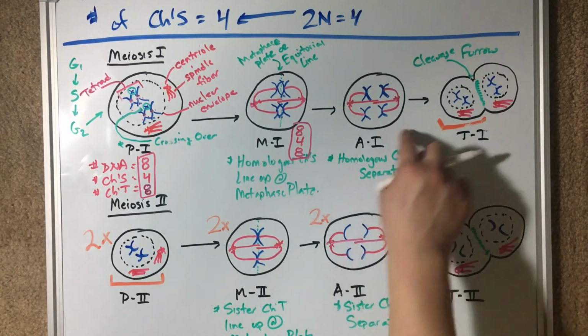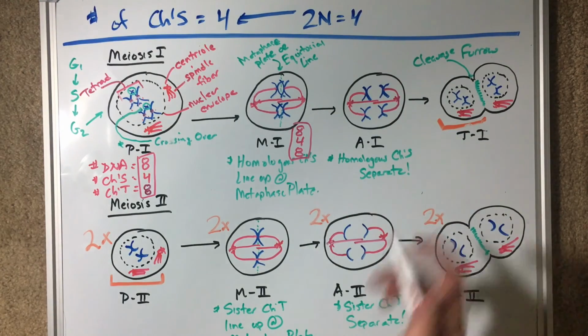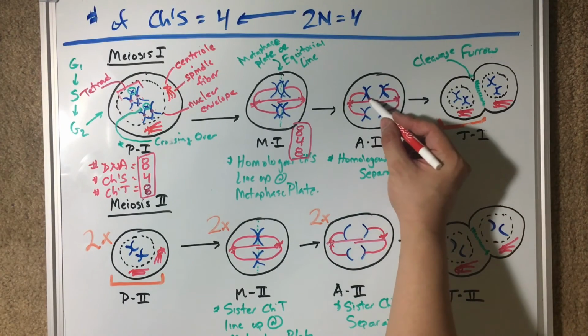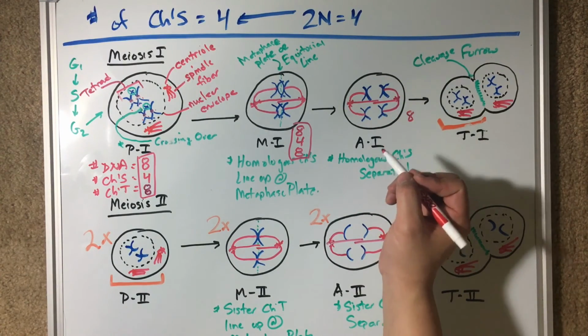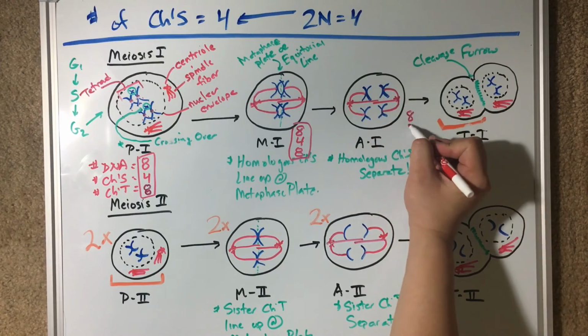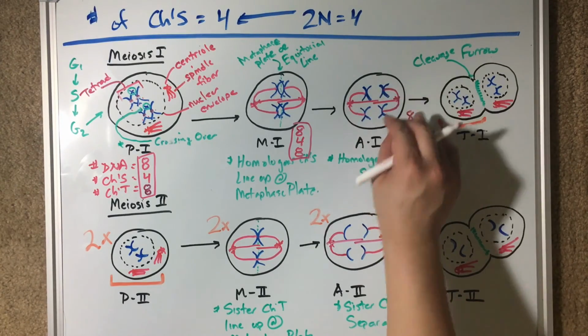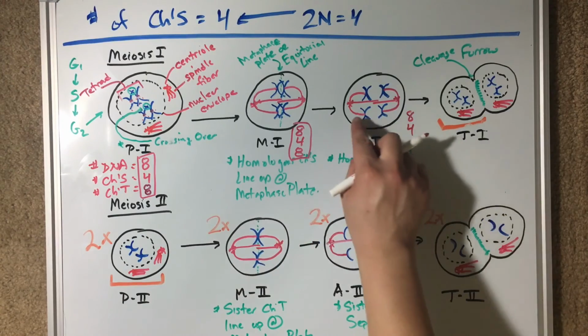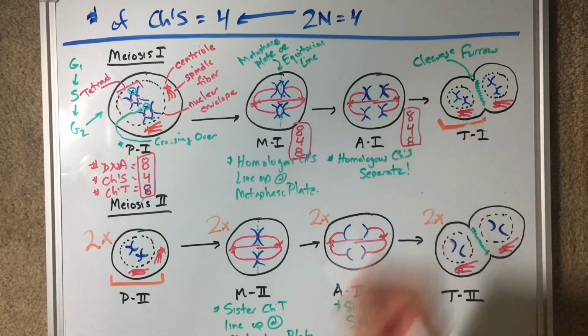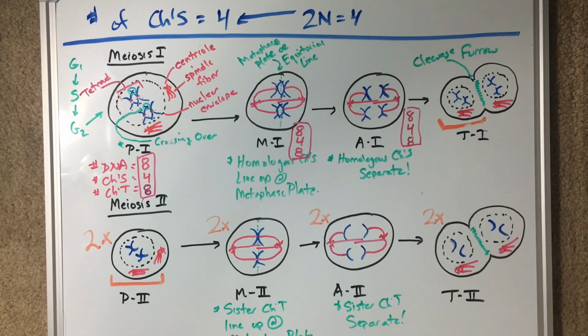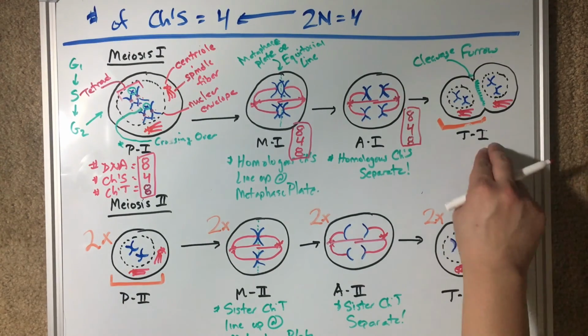How about here in anaphase 1? Well, how many DNA molecules? Well, 1, 2, 3, 4, 5, 6, 7, 8. We still have 8. How about chromosomes? I still see 4 entities. And how about chromatids? We still have 8. Now, how about in telophase 1?